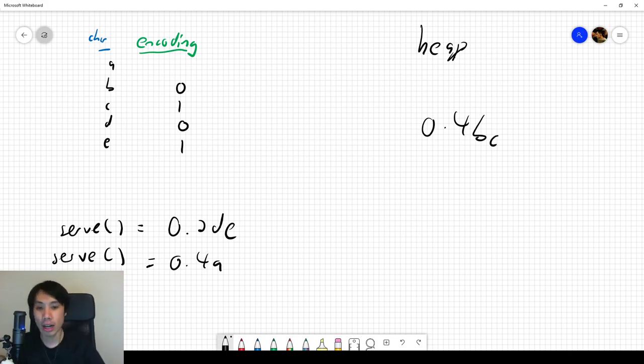Okay, so now I'm going to do the same step. The first serve, I will append with 0, the second one will be 1. D and E, I will prepend 0. A, I will put a 1. So you notice it is a prepend. But what is the problem with prepending?